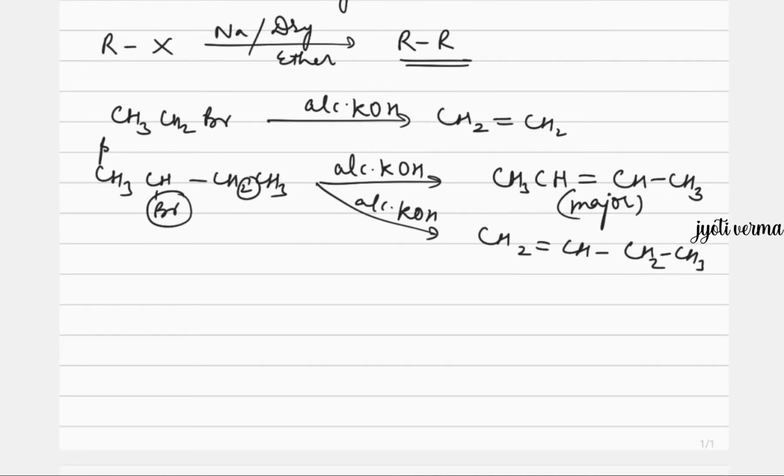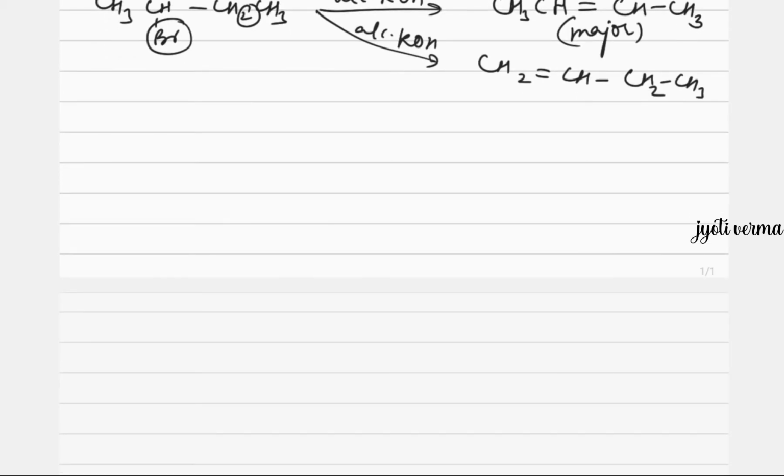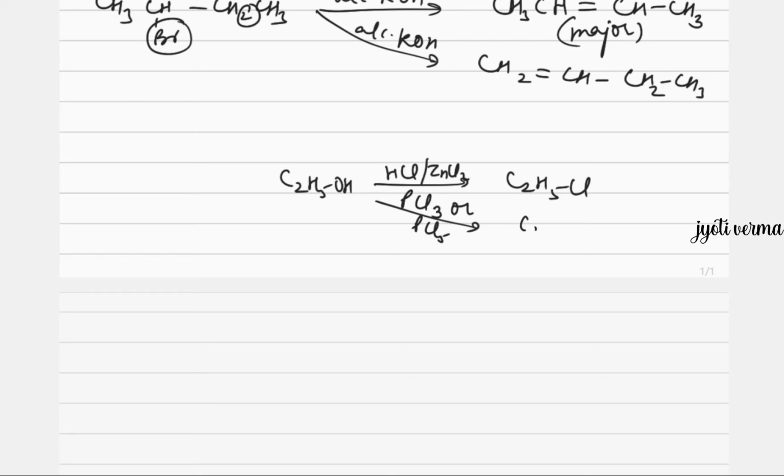The next thing we should know about is the methods of preparation of alkyl halides. We can prepare them from alcohol, like alcohol on reacting with Lucas reagent will give alkyl halides. If we do its reaction with PCl3 or PCl5 or maybe PBr3 etc., then we will get the corresponding halide. If we do its reaction with SOCl2, we will get the halide.